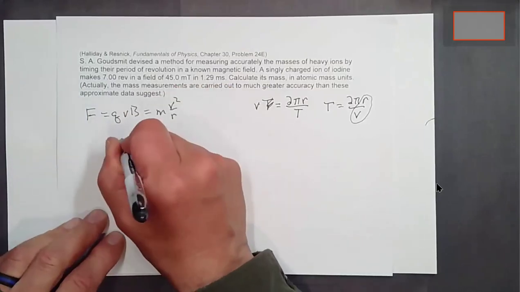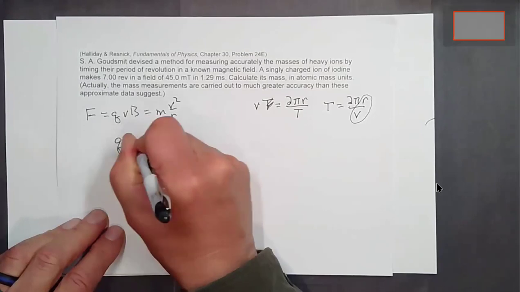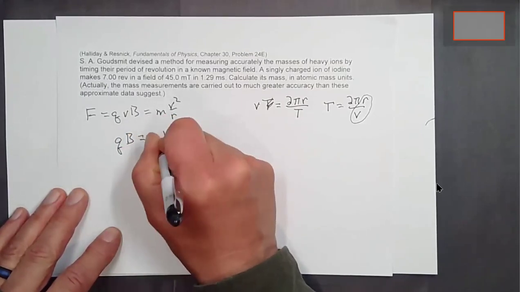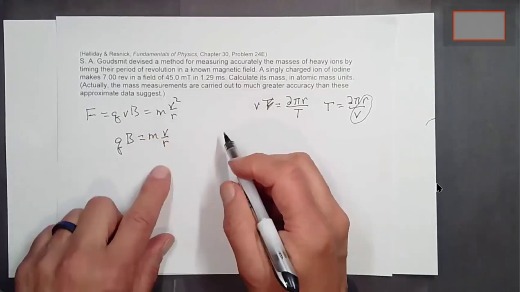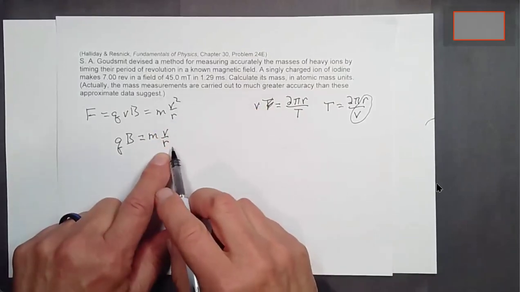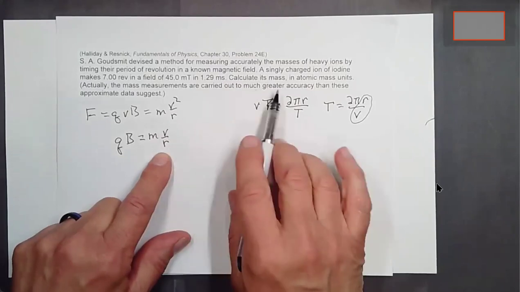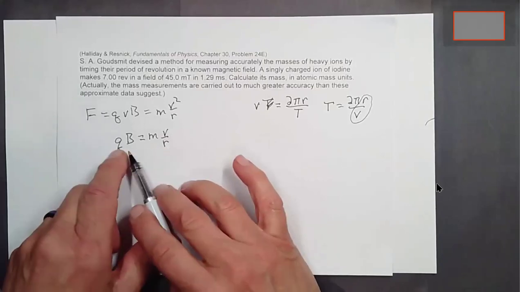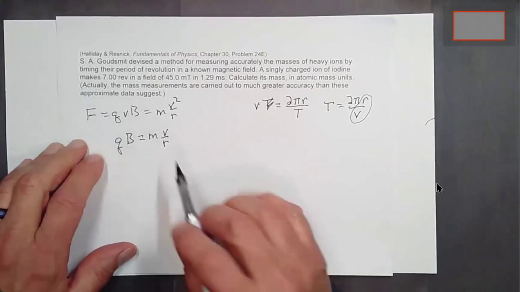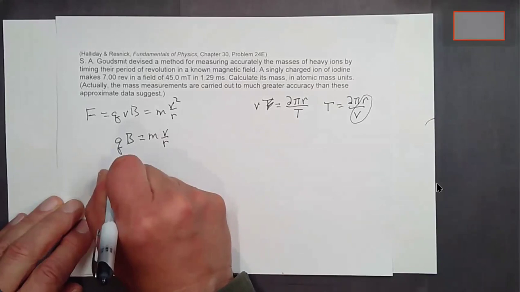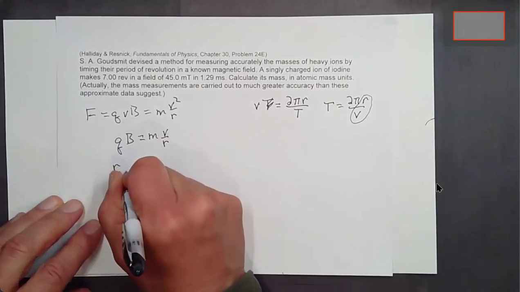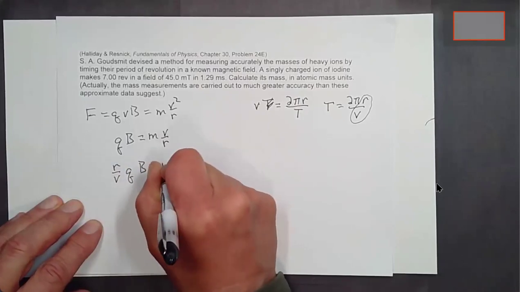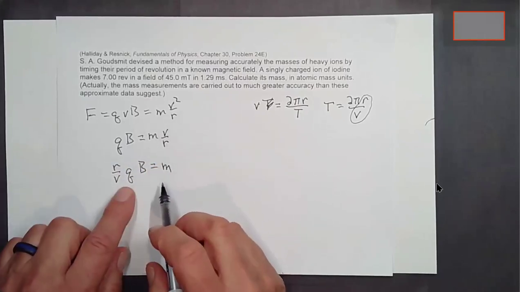If I go qB is equal to m times v over r, and that would do it. And I'm after the mass. So if I multiply both sides by r over v, I'd have r over v times q times B equals the mass of this thing.